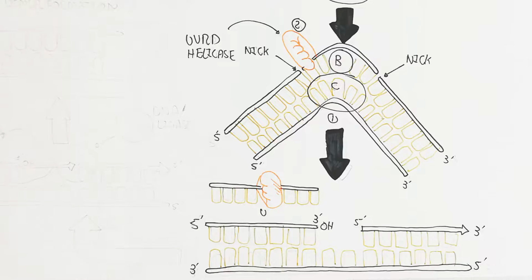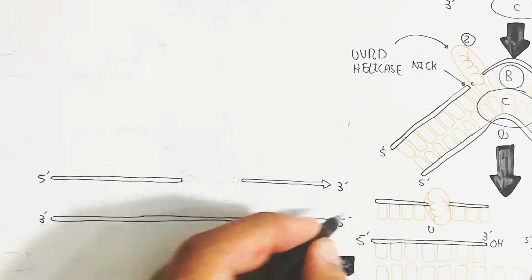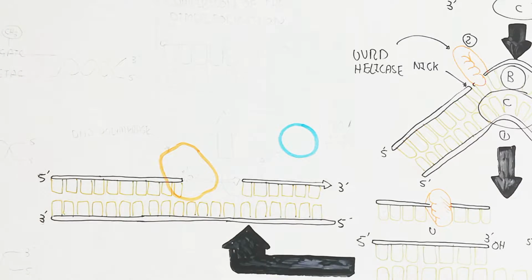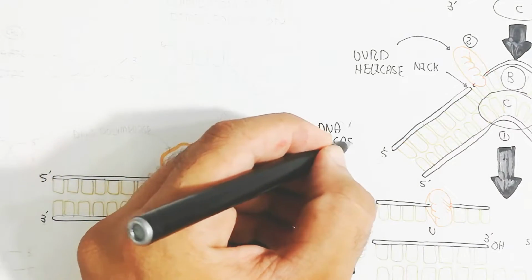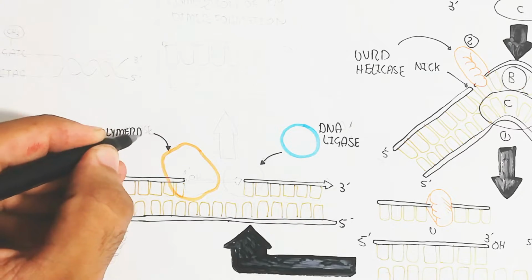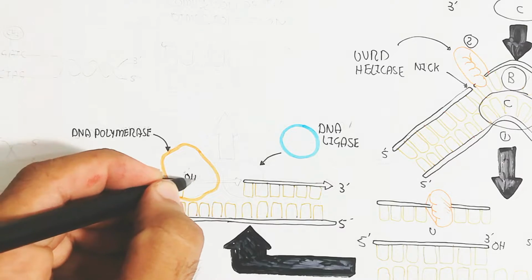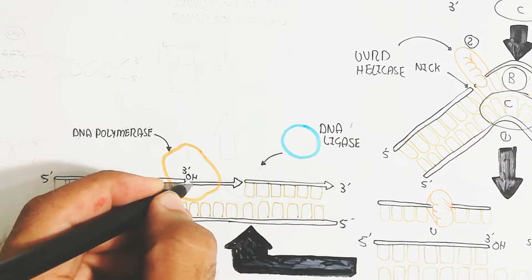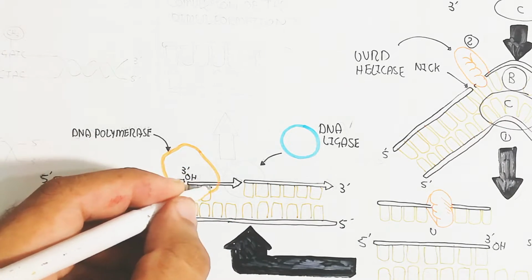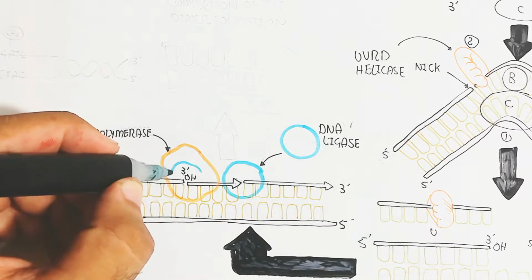After this, you can see the 5 prime to 3 prime direction, and a hydroxyl group will be created. This hydroxyl group is extended by DNA polymerase, which resynthesizes the DNA.